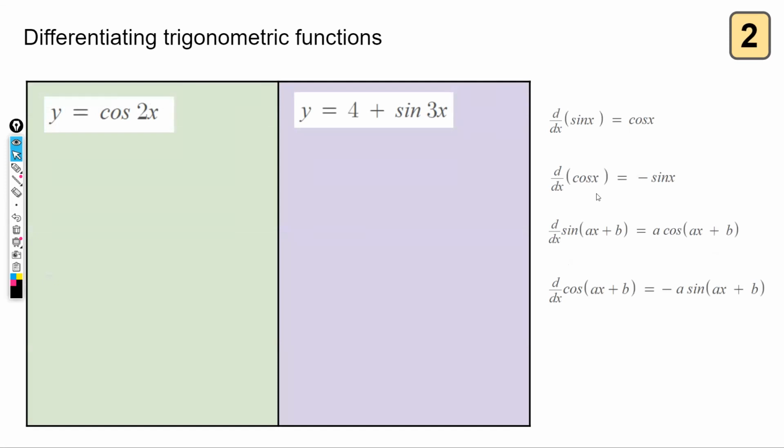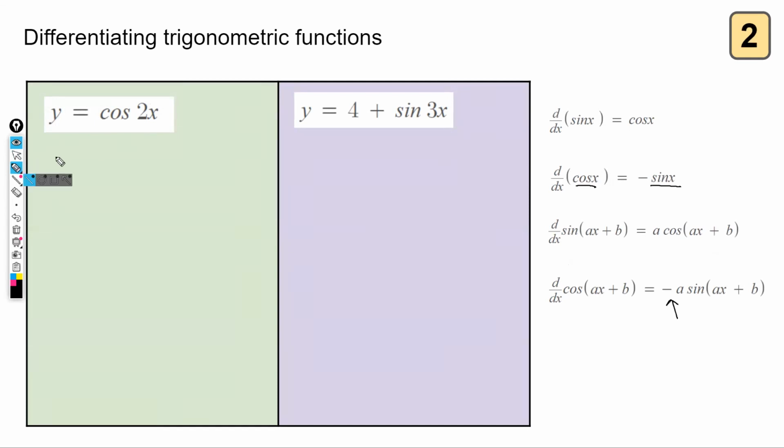So for this one here, when you differentiate cos 2x, well, when you differentiate cosine, look over here. Cosine, you get minus sine. But it's more this formula you're looking at, right?